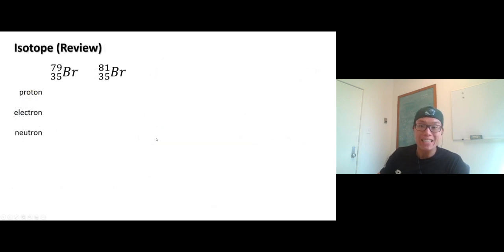We also have the word isotope, right? The term isotope means the same element, so same proton, same element, but a different number of neutrons. For example, bromine on the left side has 35 protons, also 35 electrons because it's neutral. The neutron is 79 minus 35, the rest, which is 44. Bromine 81, you can see that there are 2 more neutrons than bromine 79, so same proton, same element.